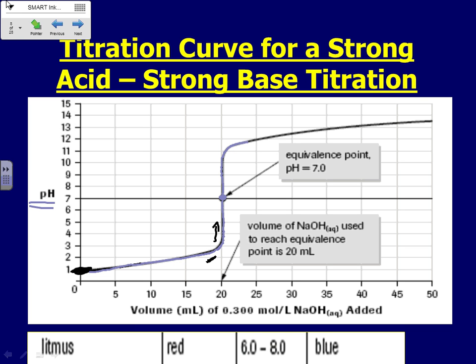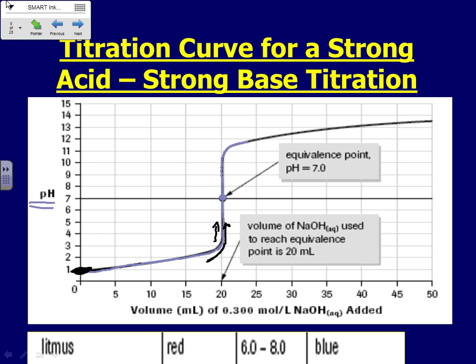Every drop now is really changing that H3O plus concentration by large amounts, and so it shoots up.